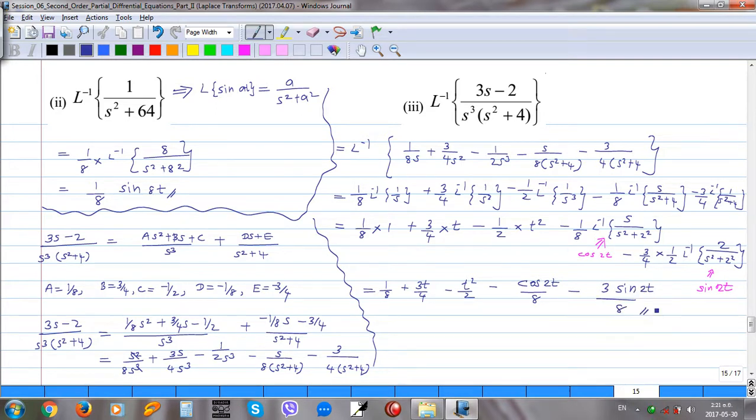This is the answer, that is the inverse Laplace transform of this one.